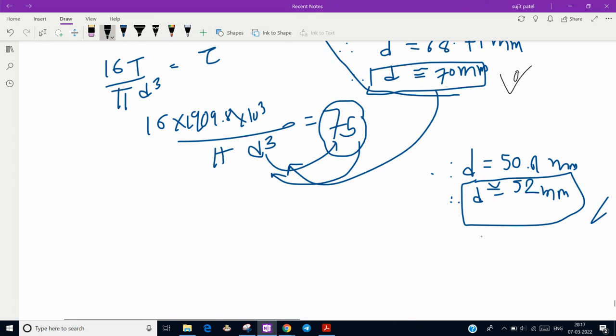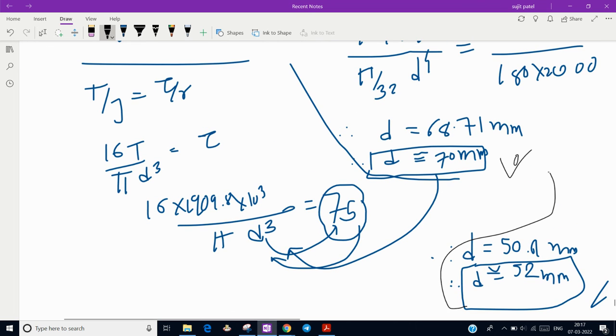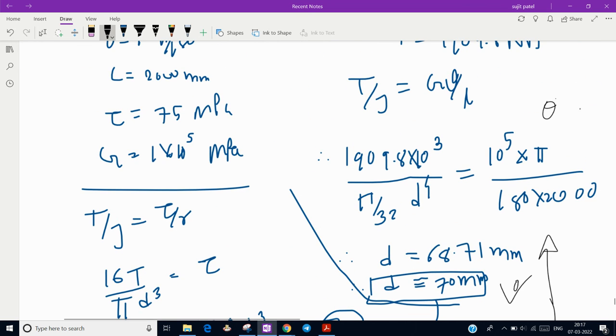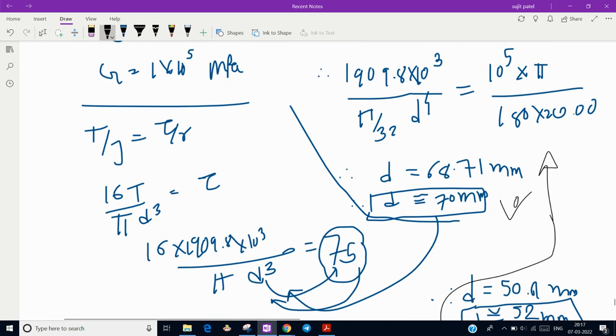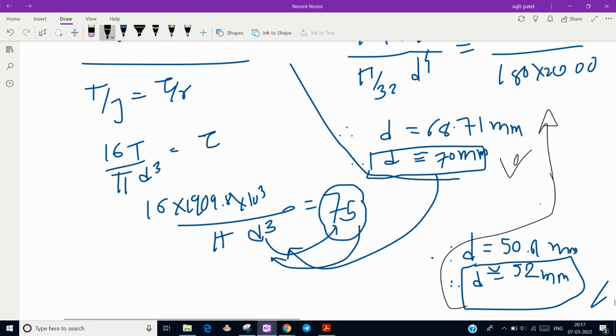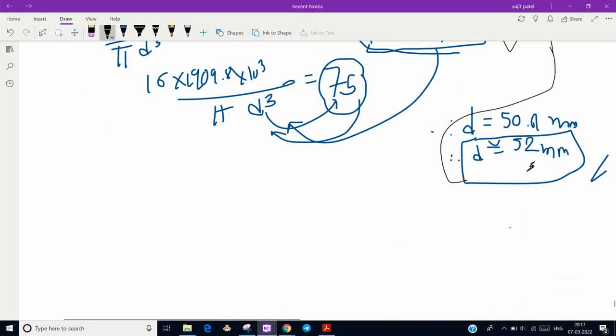Because if we take the 52 and do the calculation on the rigidity basis, sorry, it's my mistake. The last 1 minute you can consider as null and void.